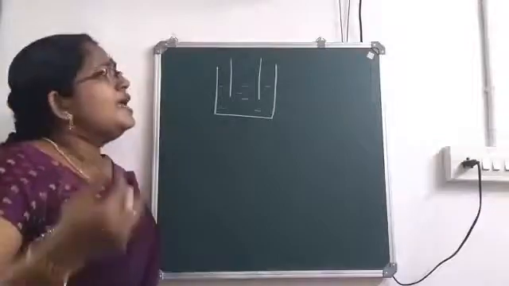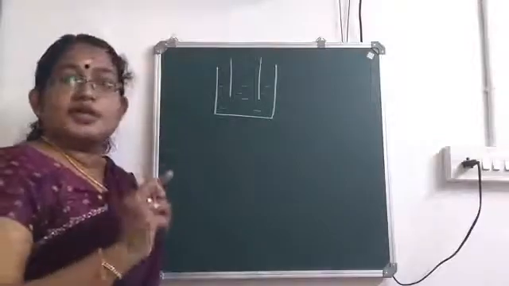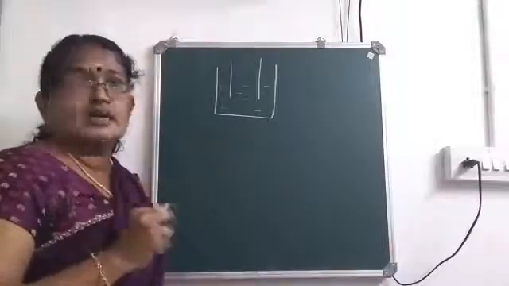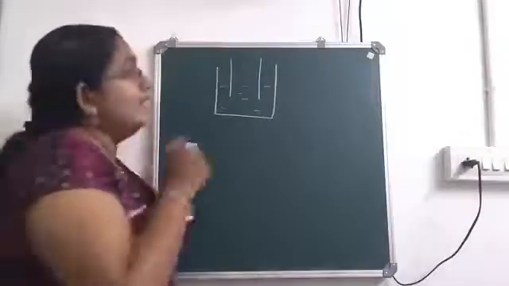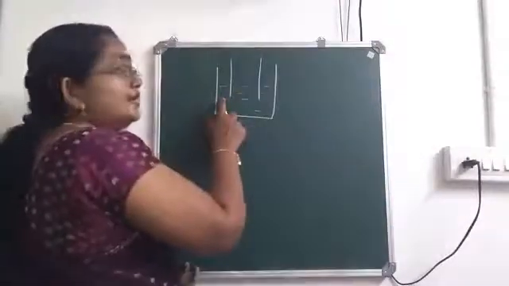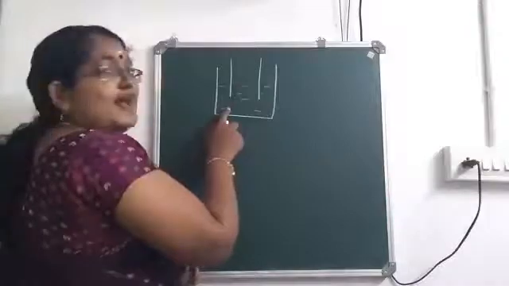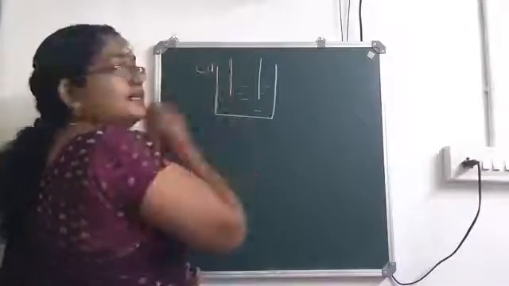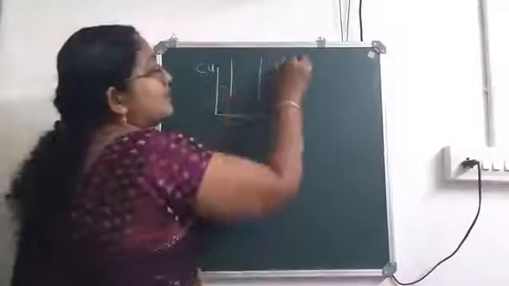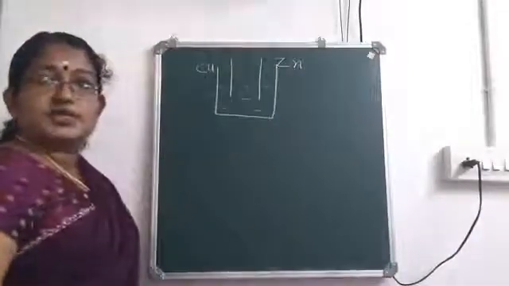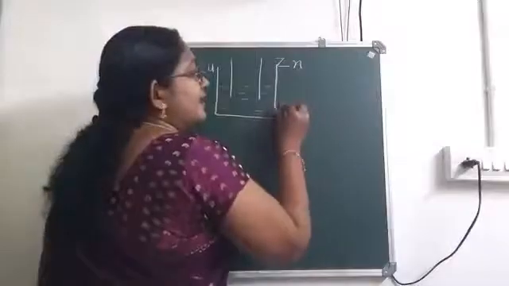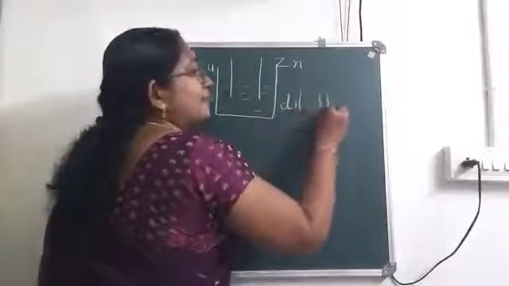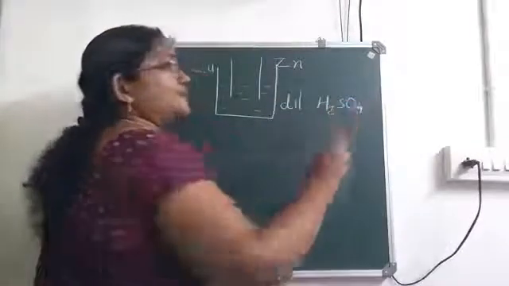Now we will check how this potential difference is maintained. Suppose I am taking a cell, with two electrodes dipped in an electrolyte. Let this be the copper electrode and this be zinc. Let the electrolyte be dilute H2SO4.